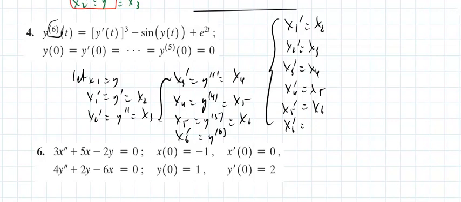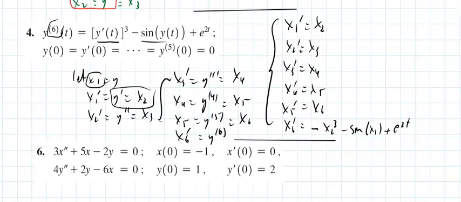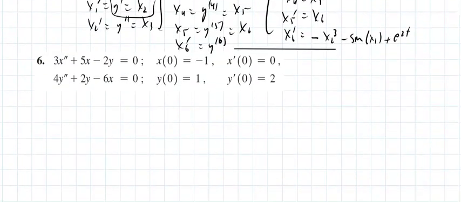That is going to be negative y prime was x sub 2 cubed minus the sine of y, and y was x sub 1 plus e to the 2t. And believe it or not, this system we could solve using matrices. For now, that's all we're doing.